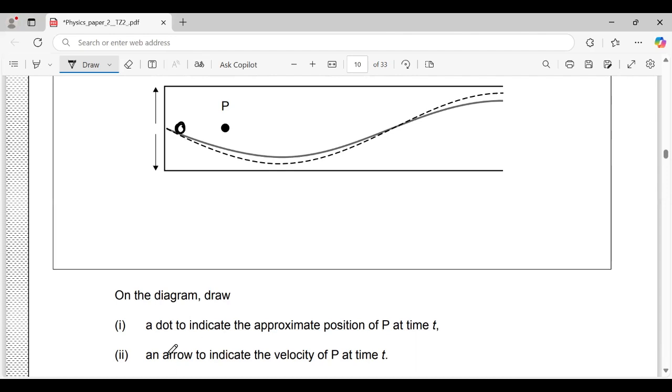Then draw an arrow to indicate the velocity of P at time t. The velocity direction is to the left.